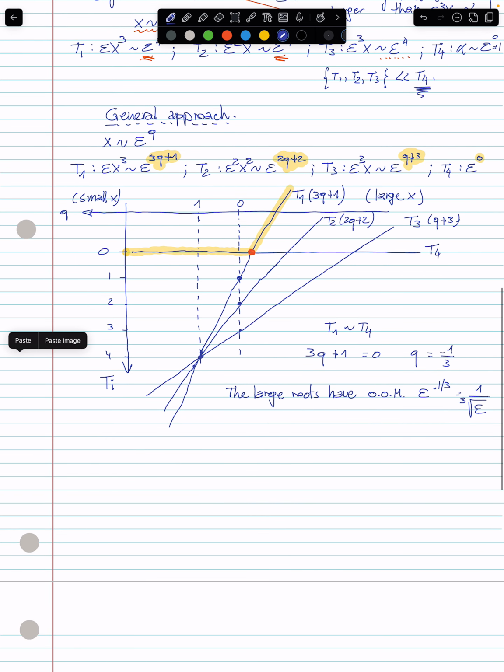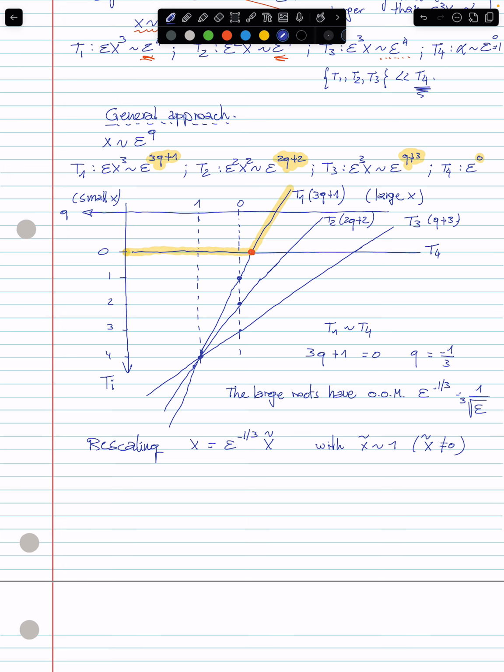And so once we know the order of magnitude of the root, we can rescale the problem. And to rescale the problem, what we can say is that x is epsilon to the power minus 1/3 times x tilde, with this new coordinate being of order 1, and of course different from 0, otherwise that wouldn't be a rescaling.